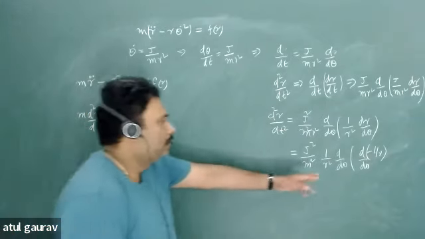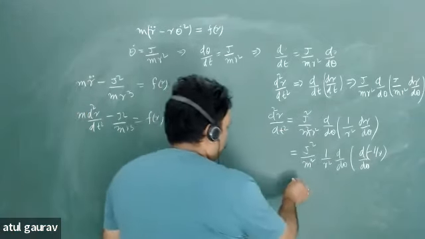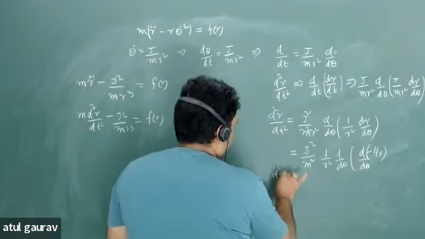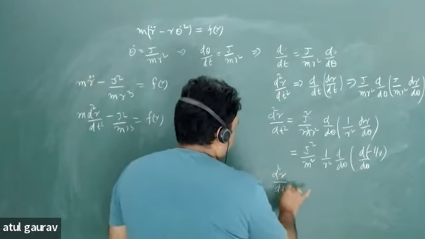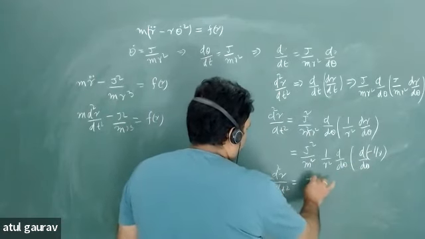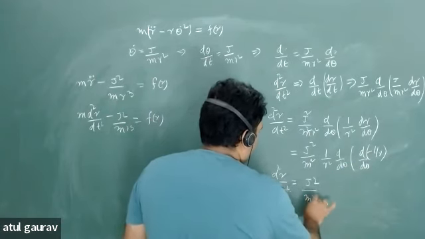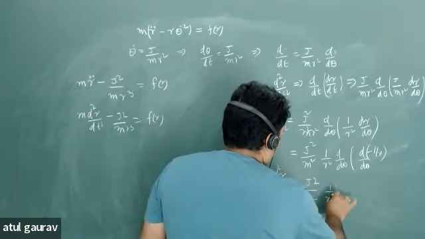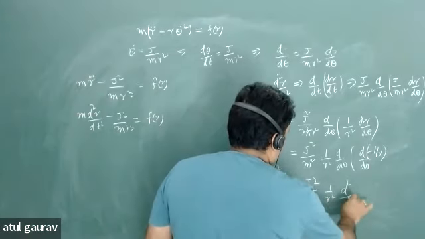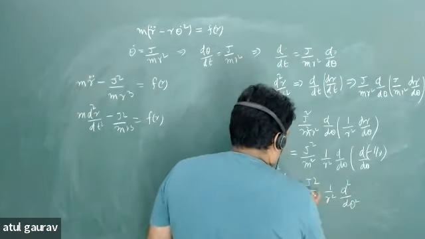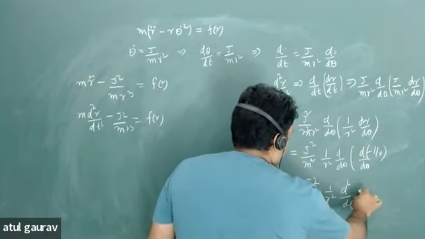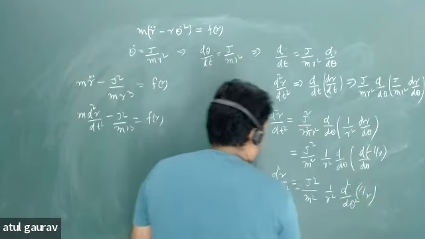And now this will directly apply here. So you can write d square r upon dt square is equal to j square upon m square, 1 upon r square, d square upon d theta square of minus 1 by r, with the minus sign taken outside.